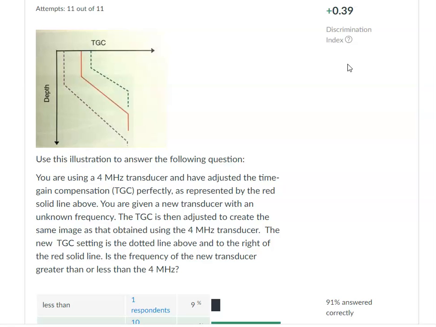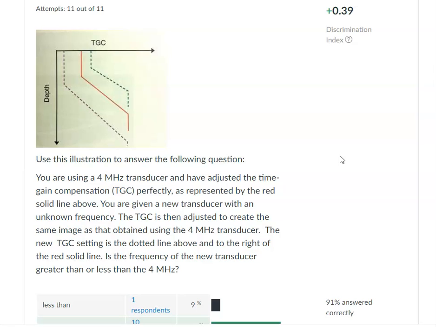So with 4 megahertz, we're perfect, and that's represented by the red solid line in the picture here. And so you were given a new transducer with an unknown frequency, and the TGC is adjusted to create the same image. So our image is now identical to what we had with 4 megahertz.